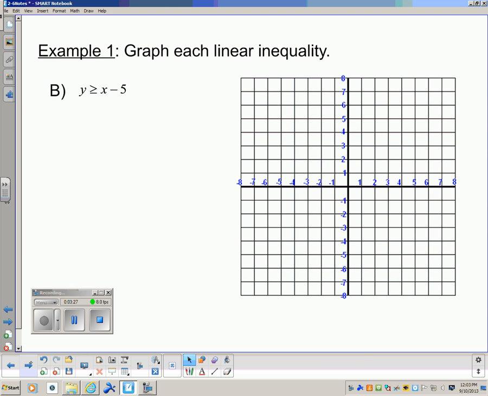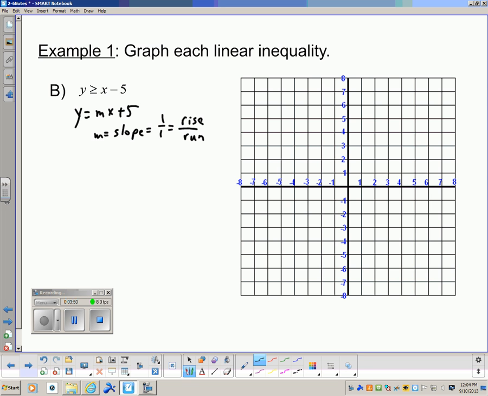So now let's look at example 2, example B. Again, we're graphing the linear inequality here. So if I write this out, y equals mx plus b. Our m value is what's in front of our x, which is our slope, and it's just 1 over 1, which is going to be our rise over our run.